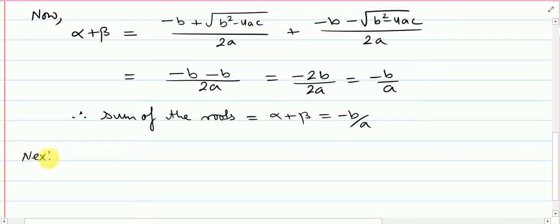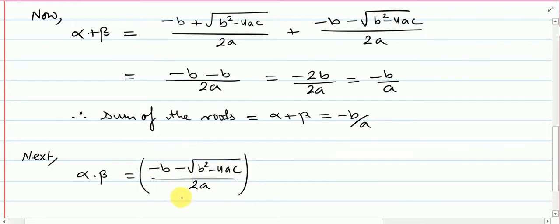Okay. Next, I will take the product of the roots. So minus b minus under root b square minus 4ac by 2a, and here we'll take plus first and the second one we'll take minus, by 2a.